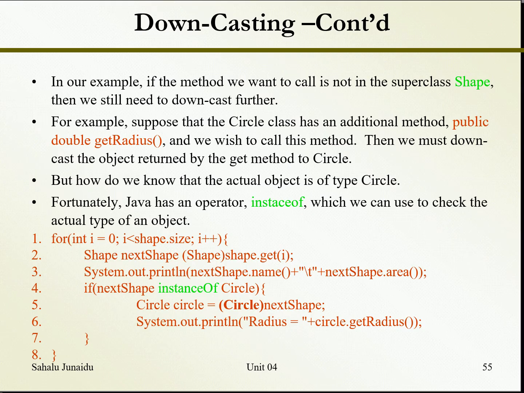Suppose you have a child, and your child is set to inherit you, and you as a parent, you cannot inherit your child. Now, if your child can inherit you, then we say a child is a child of his parent. That means a child is of type child and also of type parent, because it's a child of the parent.